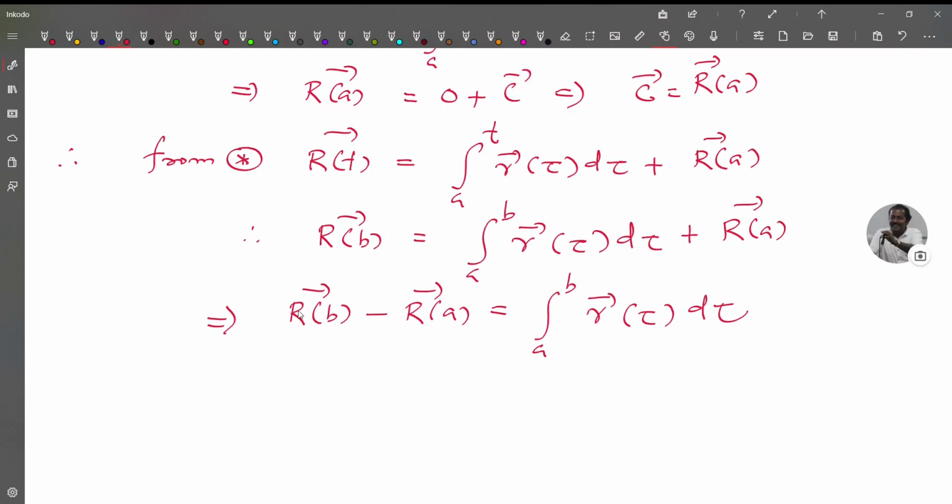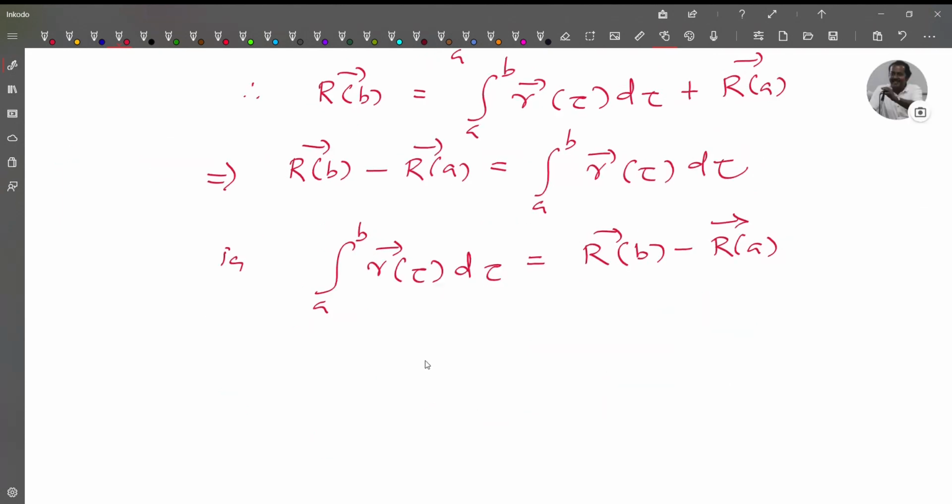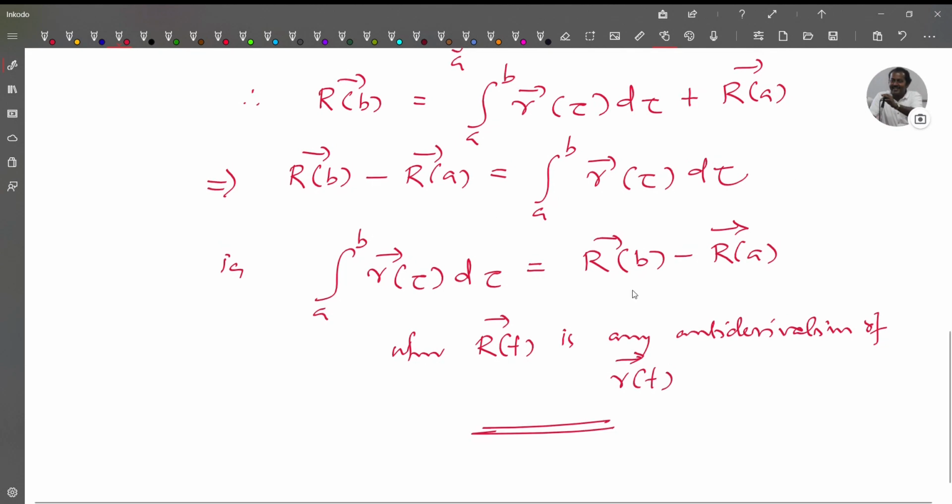That is, the integral from a to b of r of tau d tau equals R of b minus R of a, where capital R of t is any antiderivative of r of t. This proves the fundamental theorem of calculus for continuous vector valued functions.